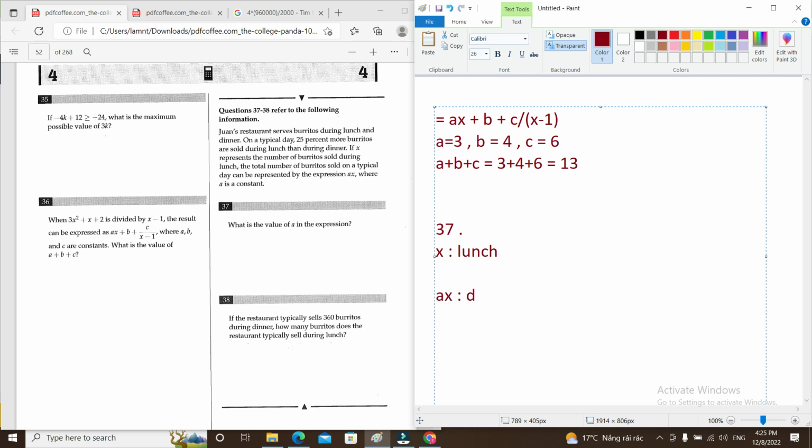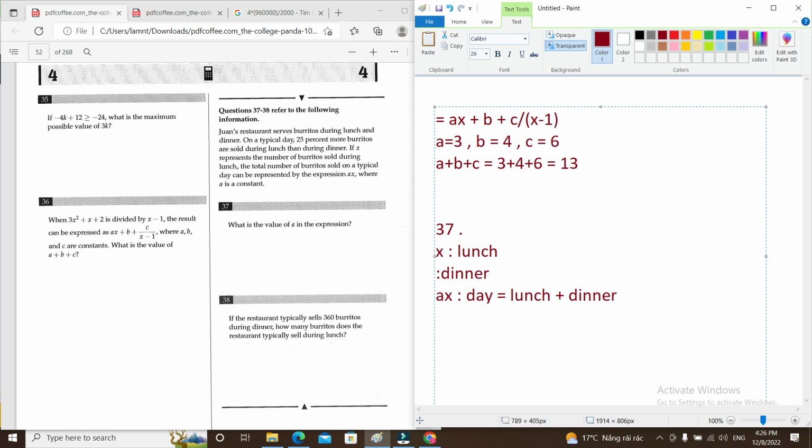So we know that day is equal to lunch plus dinner, because they serve burritos during lunch and dinner. So day is just lunch plus dinner, and we know that dinner is 25% less than lunch.